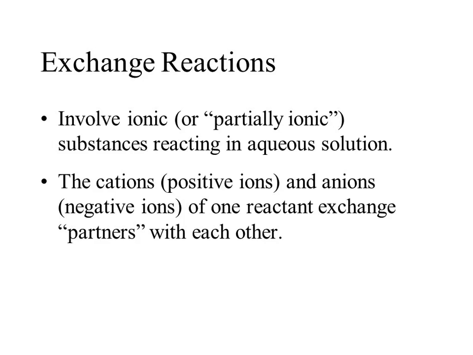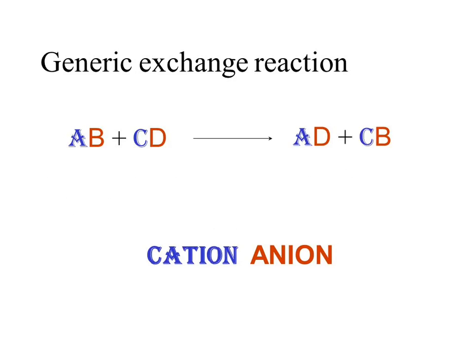They basically involve ionic compounds, where if these 2 fingers are the cation and anion of one, and the cation and anion of another, on the other side they switch partners. That is so cool. Okay. So it can be shown like this. In my office, the colors just kind of drive me nuts, but I'm trying to show the switching partners.